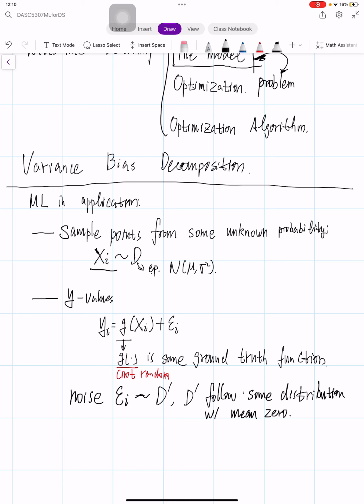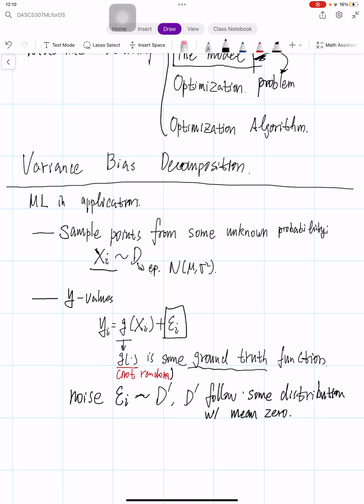In reality, we want to find some machine learning algorithm to figure out the ground truth function. Although we do not know it, g is not random. It represents a consistent relationship between x and y, and we want to estimate it based on some machine learning algorithm. We also add some random variable epsilon, which represents measurement errors and all other sources of statistical error when we measure the real-world problem.